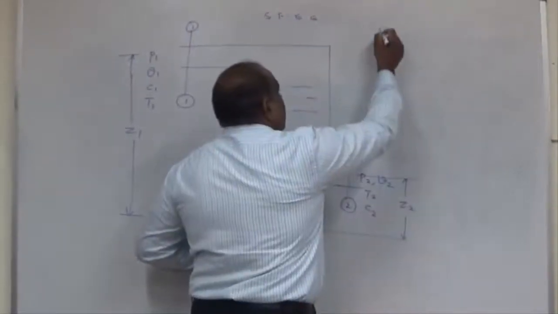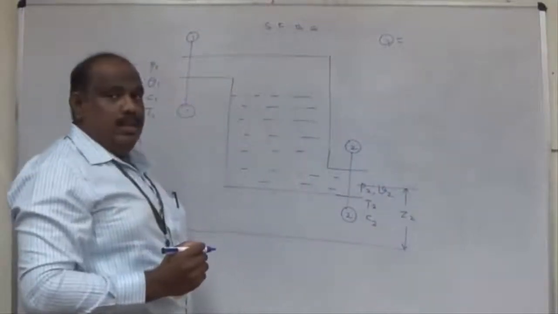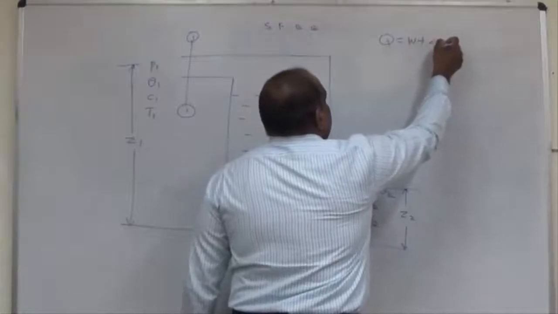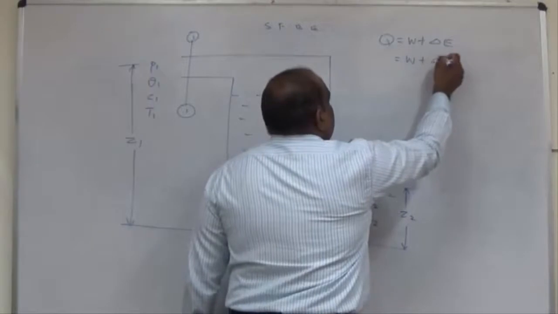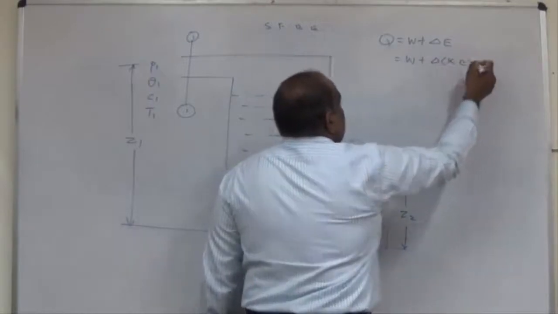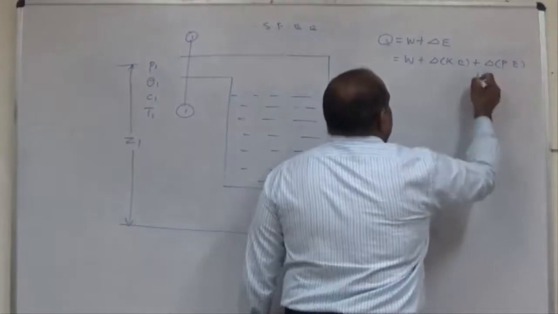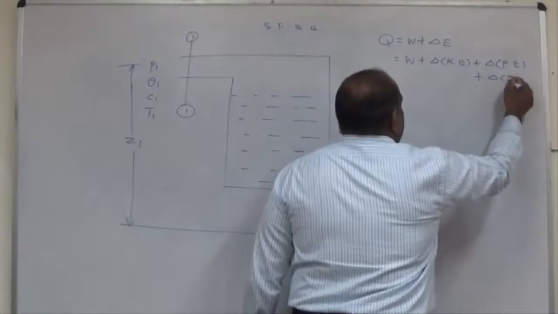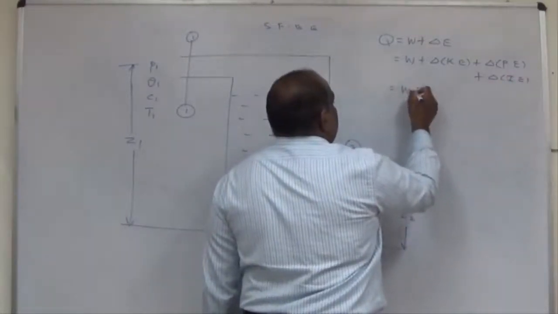We know the first law of thermodynamics applied to an open system is given by Q equal to W plus delta E. This delta E may be in the form of kinetic energy, potential energy, and internal energy. The work has two components, that is displacement work and flow work.